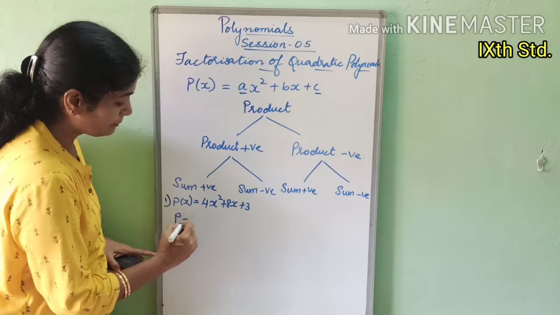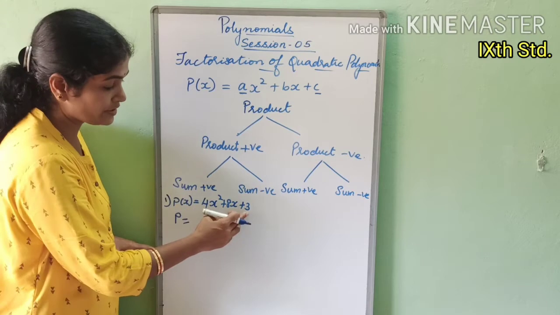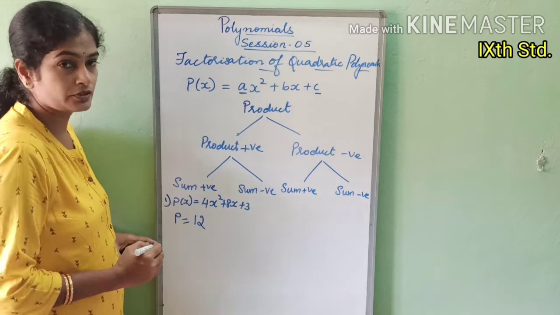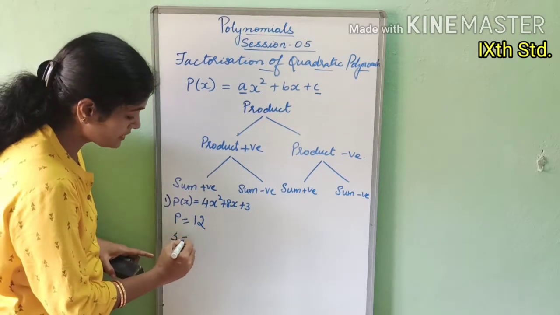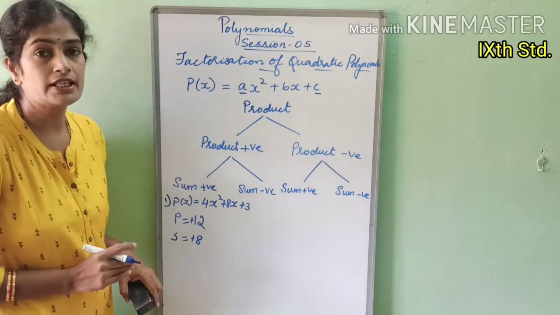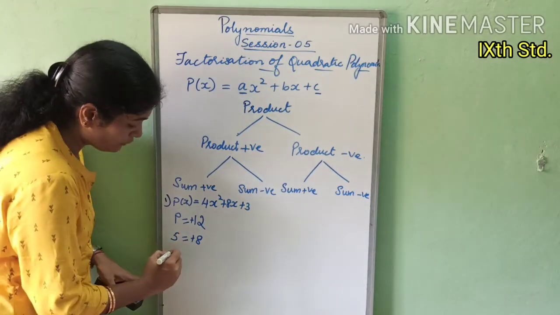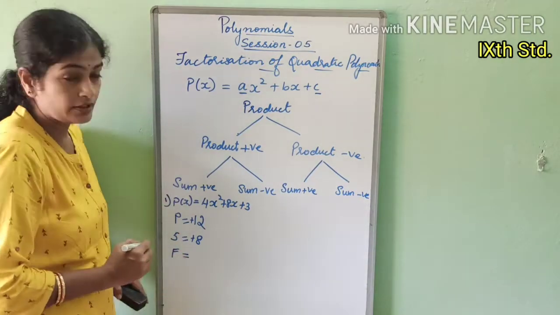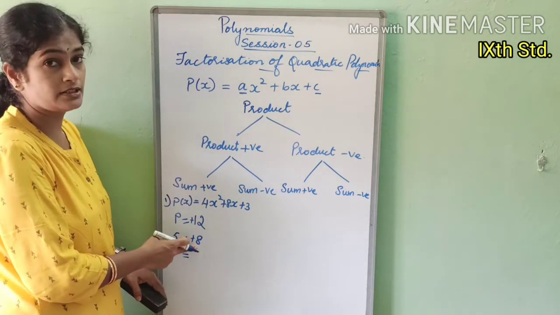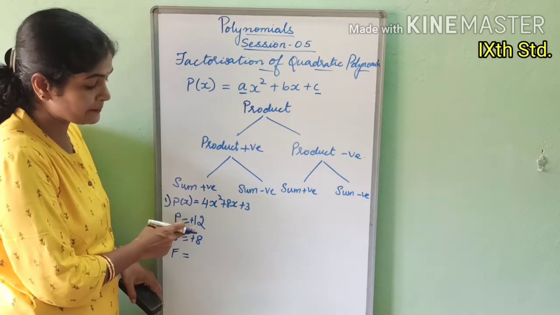It is the product of the coefficient of x square, that is 4, and the constant 3. 4 into 3, the product is 12. What is the sum? Sum is 8. When writing the product and the sum, always write along with the sign, so we make fewer mistakes. Now you have to find the factors such that when you add those two factors you get the sum 8, and when you multiply them you get the product 12.